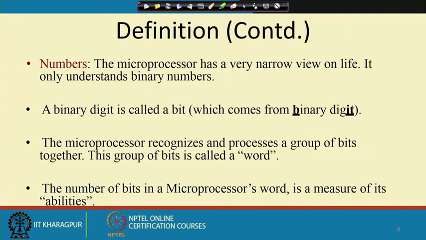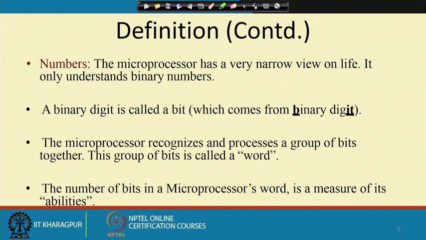In some sense I can say that the microprocessor has a very narrow view of life. If you are dedicating 16 bits to an integer, considering both signed and unsigned integers, then it can go from -32768 to +32767. So, there is a range.